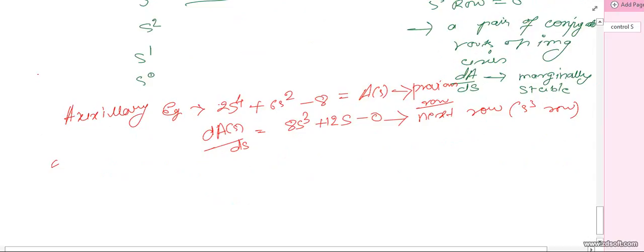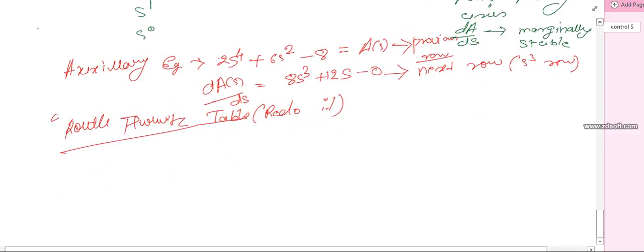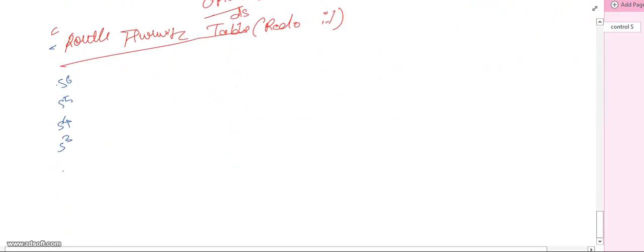Now how to go about that? Again you have to form the Routh table. So we are redoing the Routh table once again. s6, s5, s4, s cube, s2, s1 and s0.